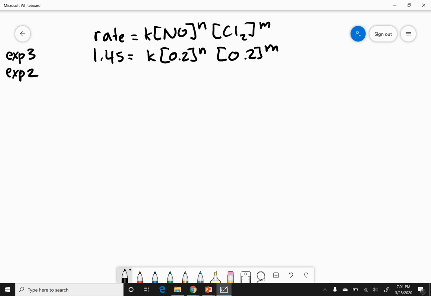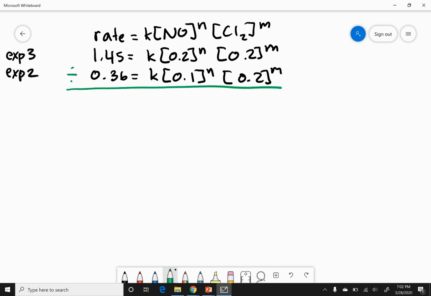Now we could put m in there as 1 since we solved it in our last exercise, but we don't necessarily need to do that. So let's do everything for experiment 2, 0.36 equals k, 0.1 raised to the n, and then 0.2 raised to the nth power. Again, I'm going to divide these two equations.